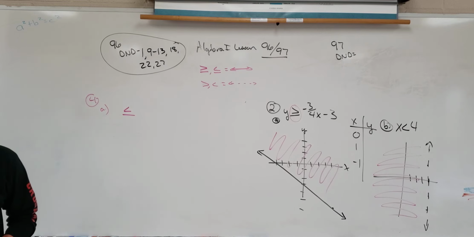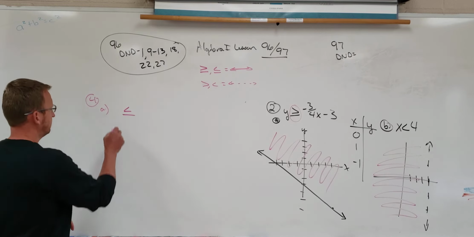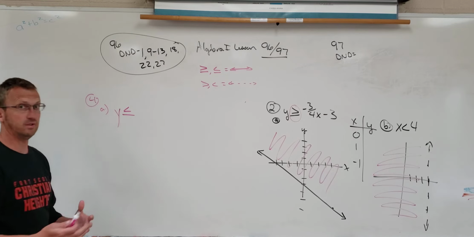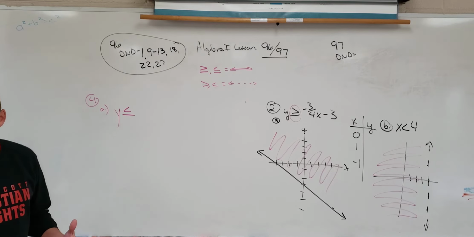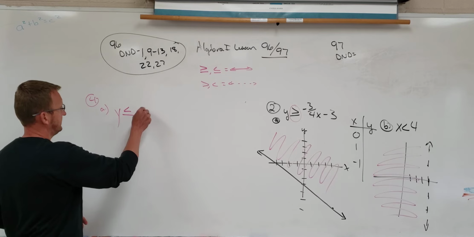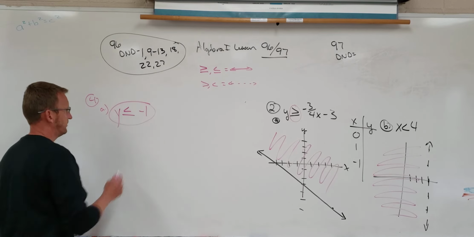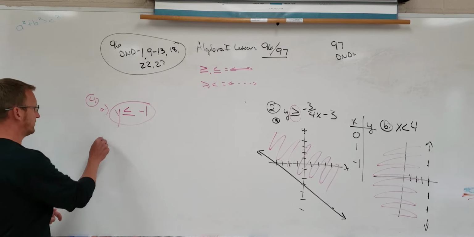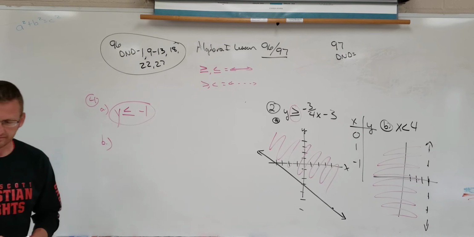And you'll also notice that it crosses the y-axis, and only the y-axis, there's no slope, and it crosses the y-axis at -1. So you are writing the inequality according to that graph.